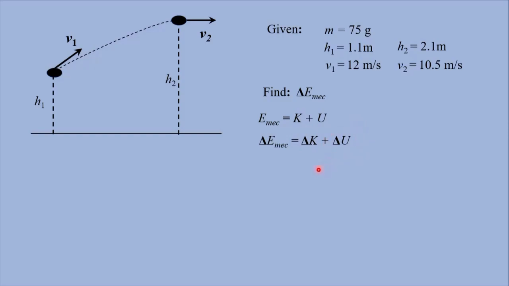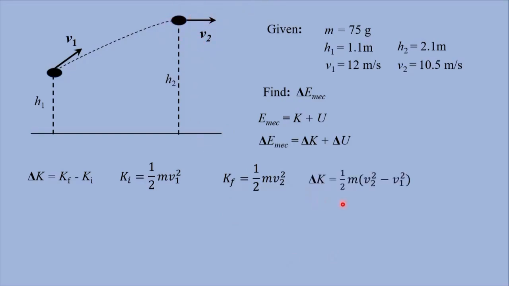Then she represents change of kinetic energy as final kinetic energy minus initial, and for initial kinetic energy she used this equation where V1 is the speed of Frisbee at initial point. For final kinetic energy she used this equation with V2 the speed of Frisbee at final point, and in this case delta K is equal this expression.